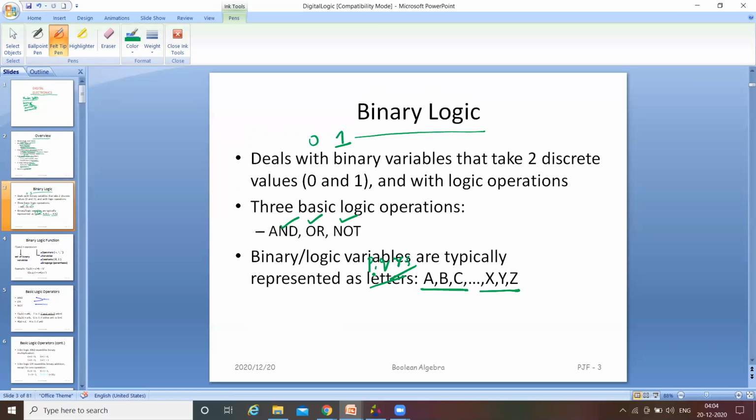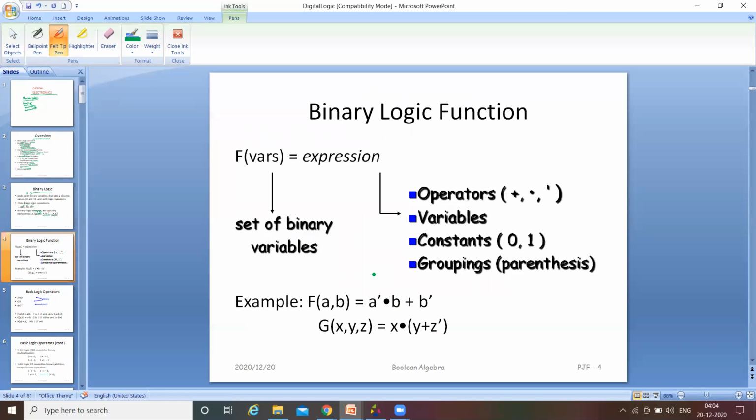That's not a problem. And next one is a binary logic function. See here, how the logic function is represented: F is a function of variables and equal to an expression. In this, a set of binary variables will be there.